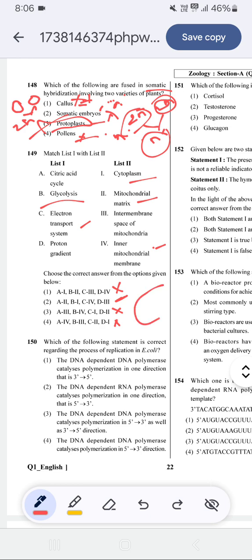See, this is the mitochondria, right? ETS occurs in inner mitochondrial membrane of mitochondria. Here is the double membrane mitochondria. This is the intermembrane space. This is the matrix.